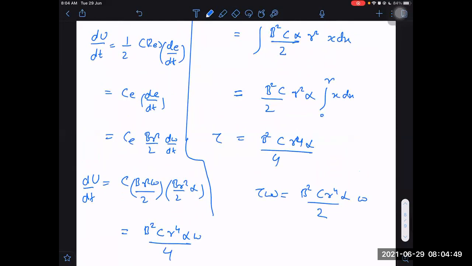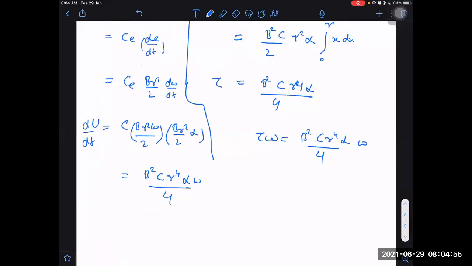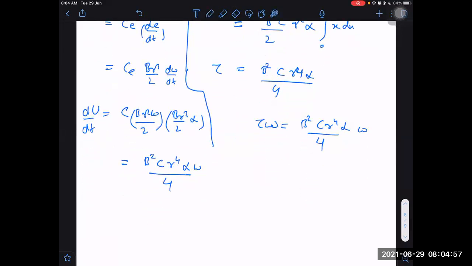Here also 4 is there. You can see now dU by dt, the rate of change of energy stored in the capacitor, is equal to the power of the magnetic torque. Right or not?